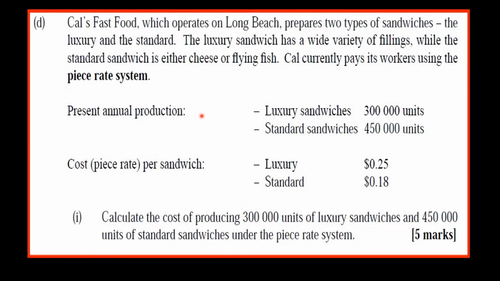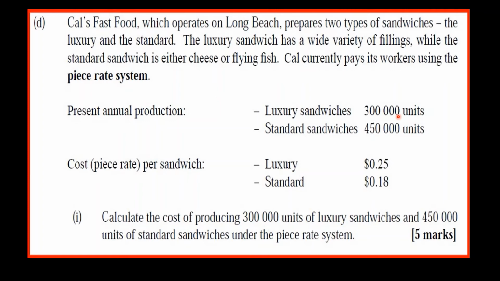Present annual production, luxury sandwiches, 300,000 units, standard sandwiches, 450,000 units. Cost piece rate per sandwich, luxury, 25 cents, standard, 18. Okay, so this is how much you pay the workers for making the sandwich. The piece rate system, okay?